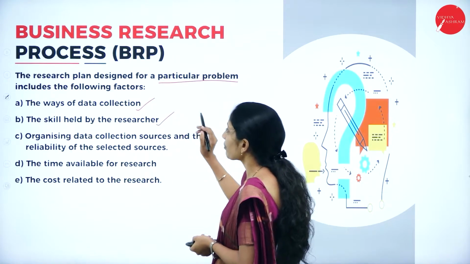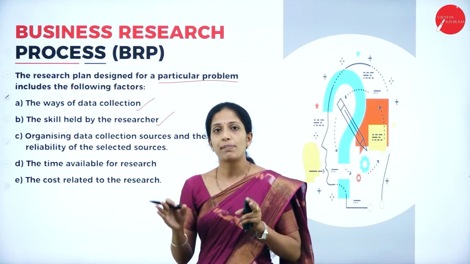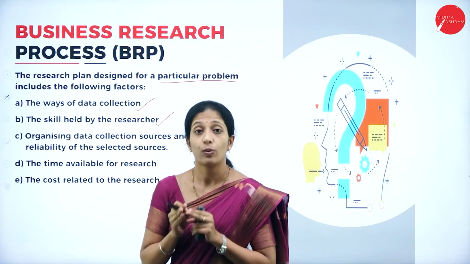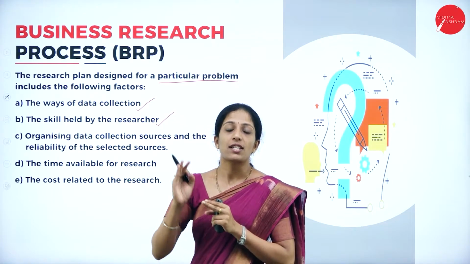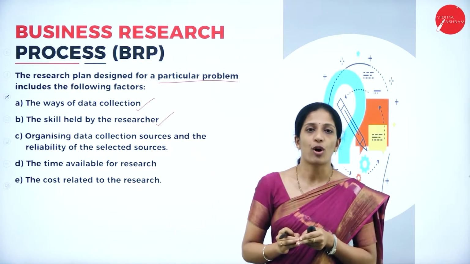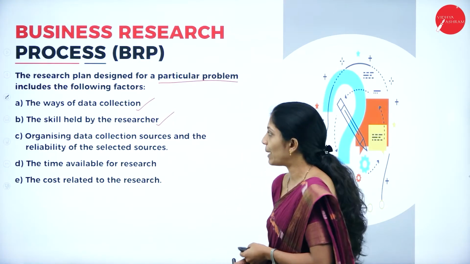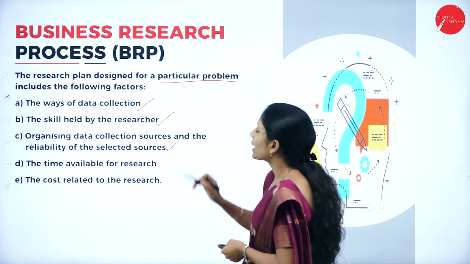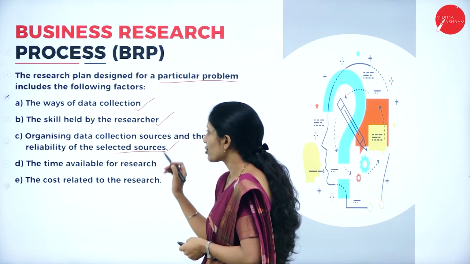Next one is the skill held by the researcher. By framing the business research plan itself, one can come to know the skill of the researcher, whether the researcher is able to solve that particular problem or not. So that can be identified through the business research plan. Next one is organizing data collection sources and reliability of the selected sources.